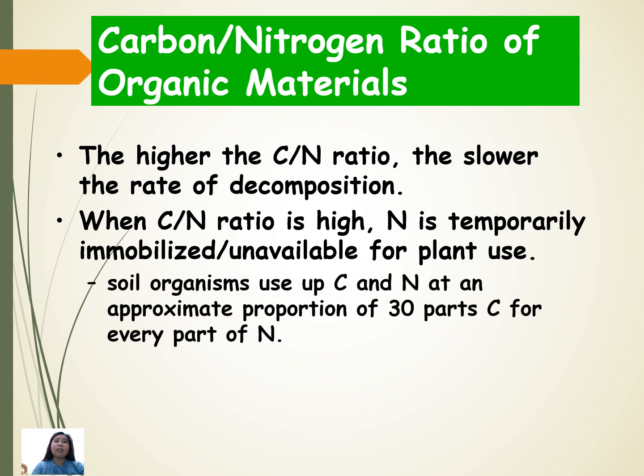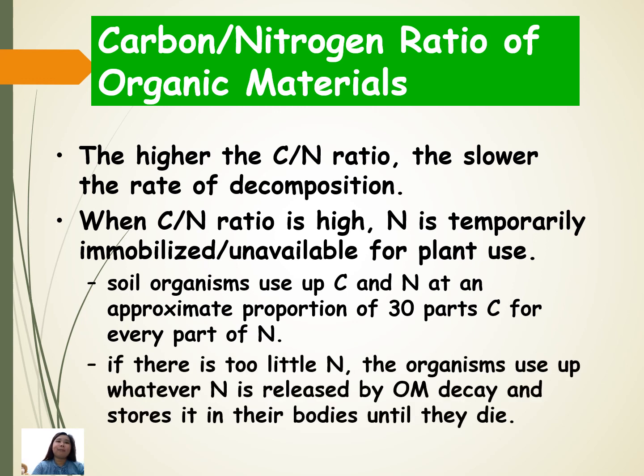Soil organisms use up carbon and nitrogen at an approximate proportion of 30 parts carbon for every part of nitrogen. If there is too little nitrogen, the organisms will use whatever N is released by the organic matter decay and store it in their bodies until they die.